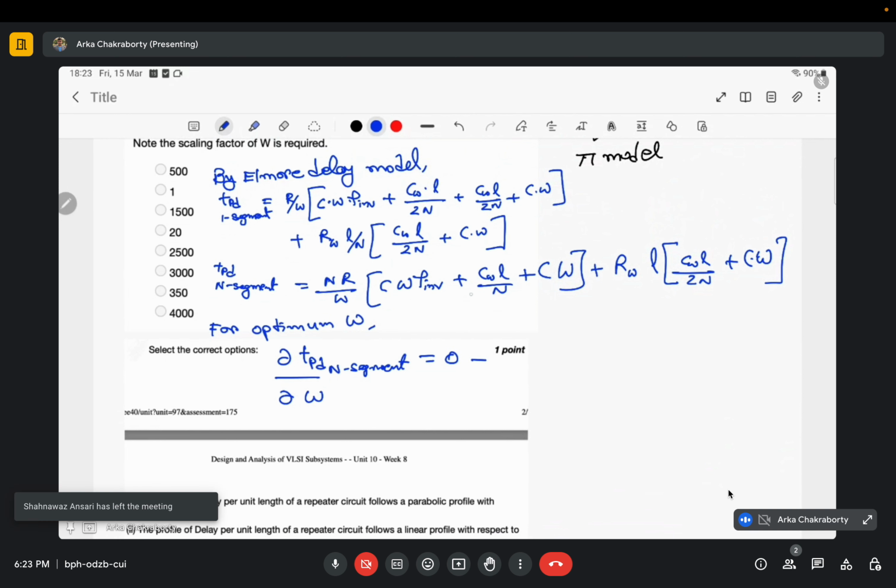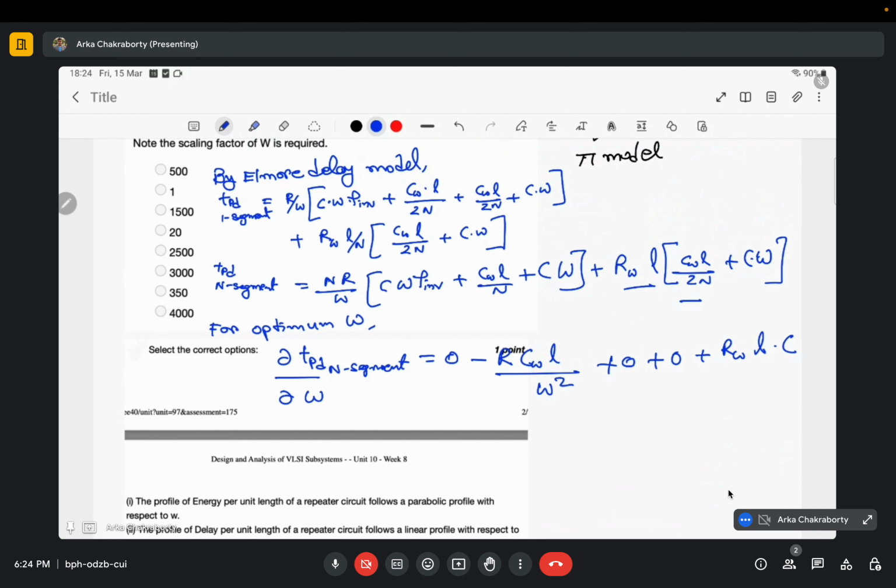Here the W term gives minus R C_W L over W square, since n cancels. Again the W term cancels, so 0. Here also no W term, so 0. Here the W term is there, so it will be R_W L into C. This equals 0.